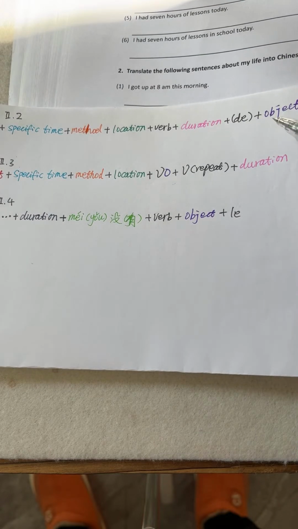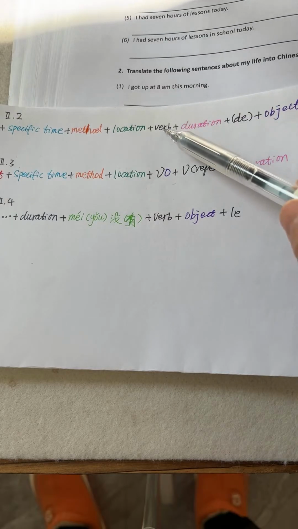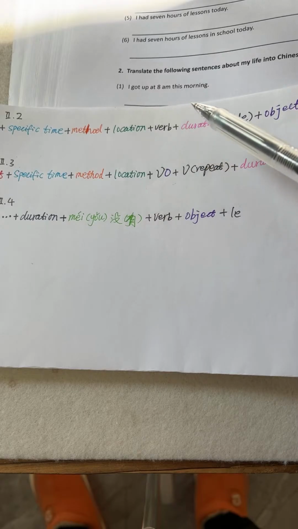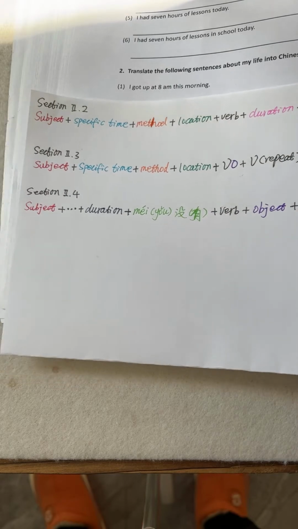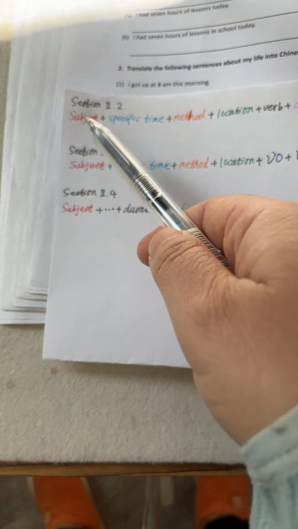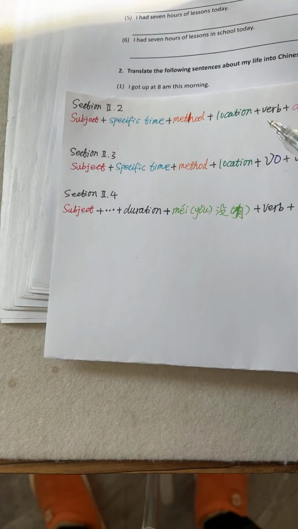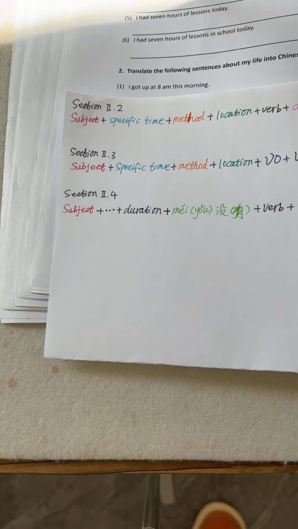No. Do we have an object? No. Get up, verb. So this sentence is actually quite easy. It only includes subject, specific time, and the verb. Let's do it.